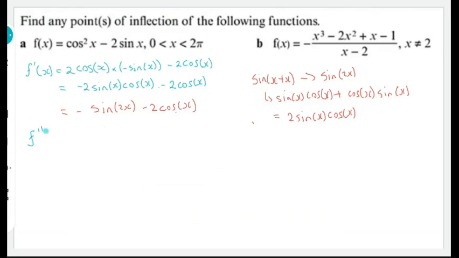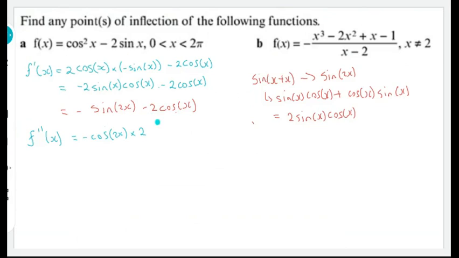Now f double dash x or f double prime x is going to be this differentiated, which is going to be minus cos 2x multiplied by the derivative of 2x, which is 2.